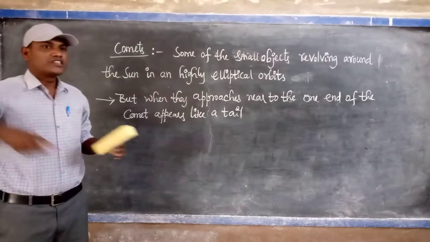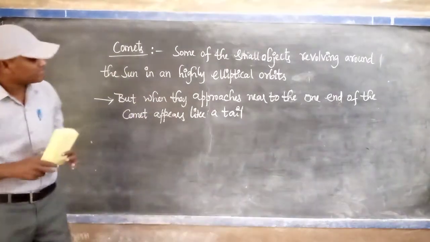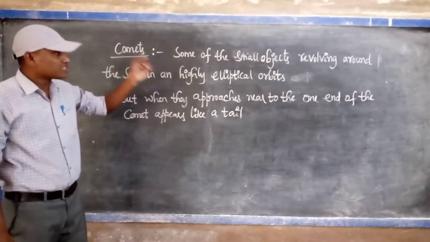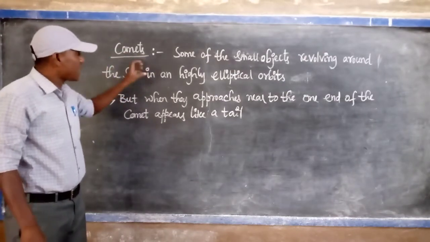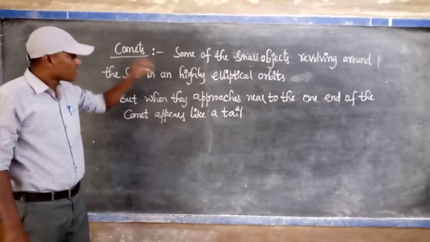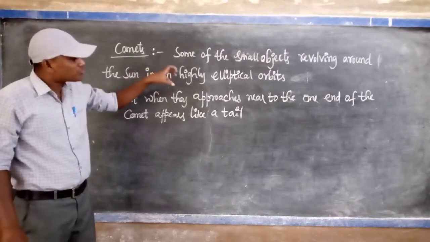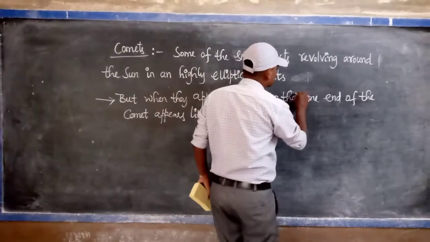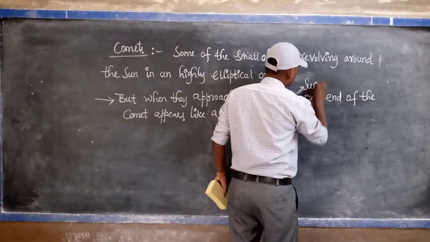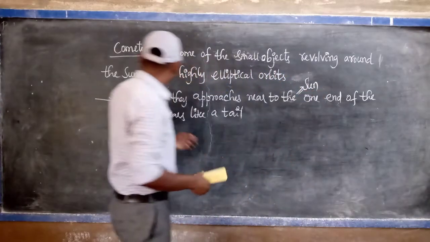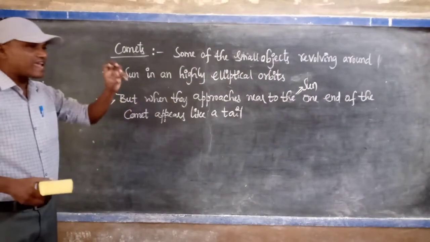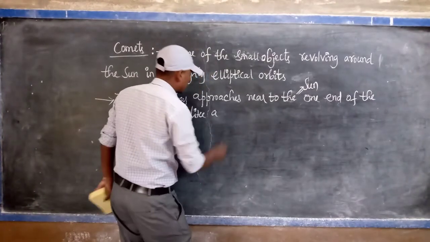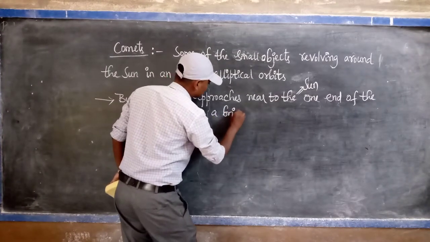Their orbit is very large. Due to that, some small objects revolving around the sun in a highly elliptical orbit, when they approach near to the sun, one end of the comet appears like a bright tail.